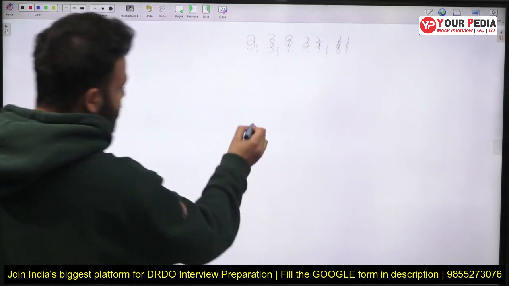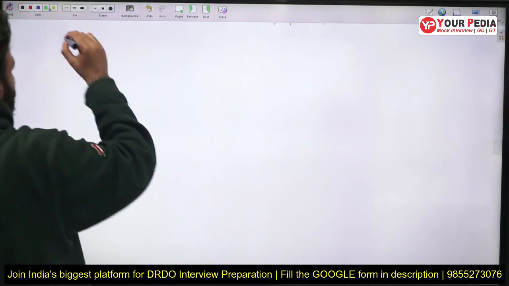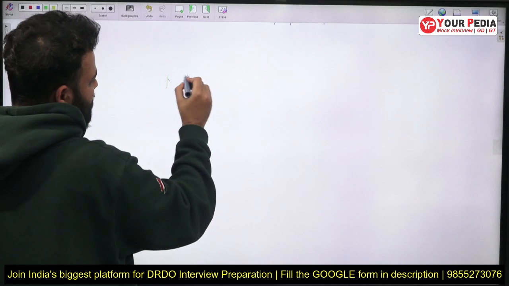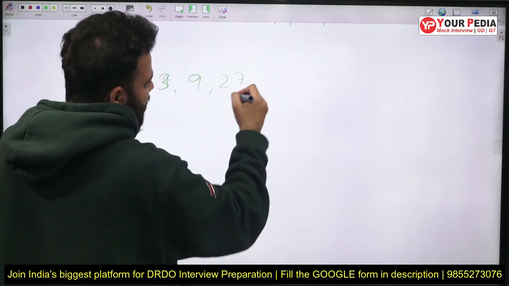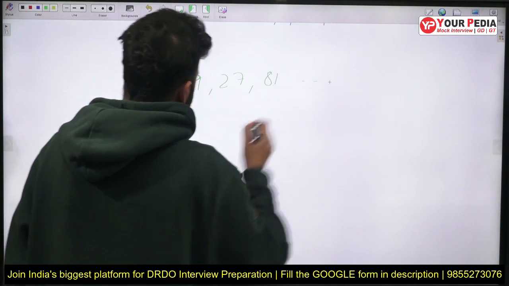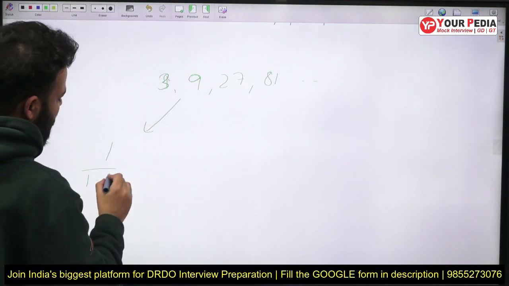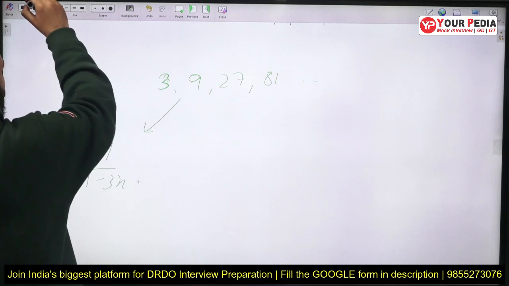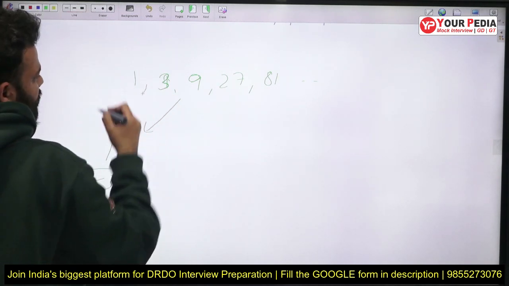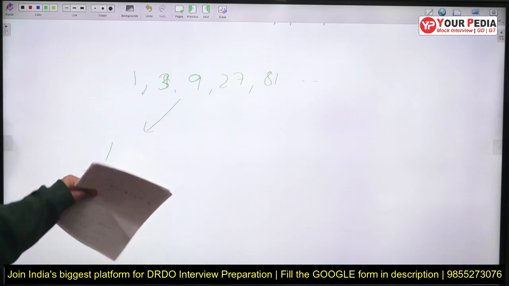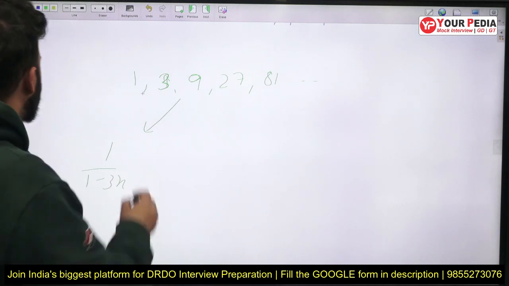Now we have seen three things here. For the sequence 1, 3, 9, 27, 81, the generating function was 1 by 1 minus 3x.